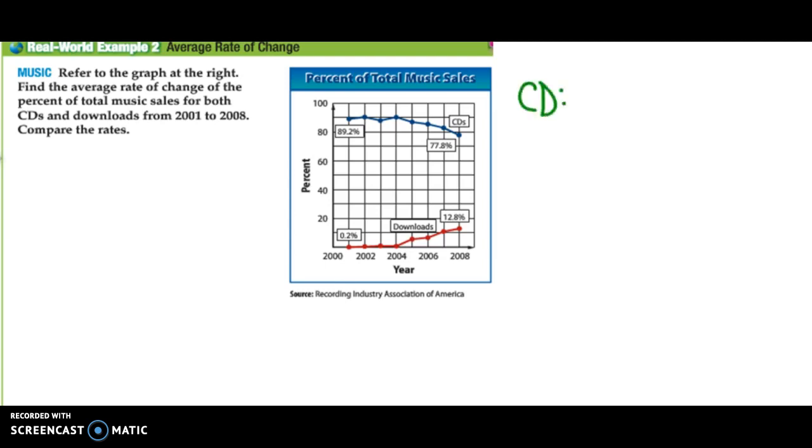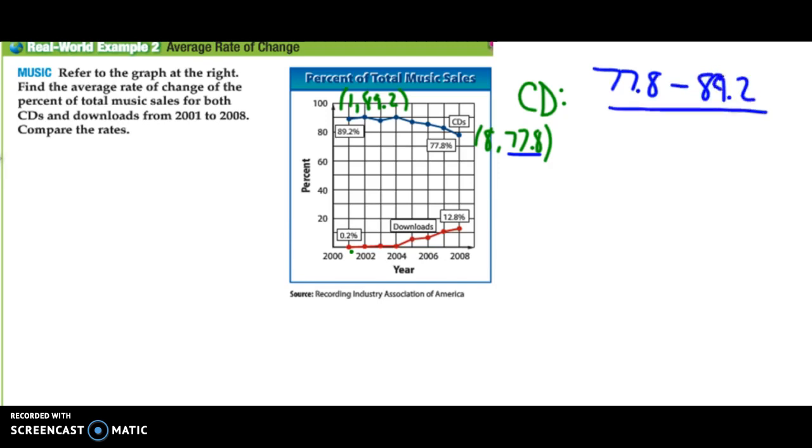Okay? So if I think of these points as (1, 89.2), and this point over here then would be (8, 77.8). So to find the rate of change, we say where sales ended, 77.8%, minus where it began, 89.2%, all over 8 minus 1.